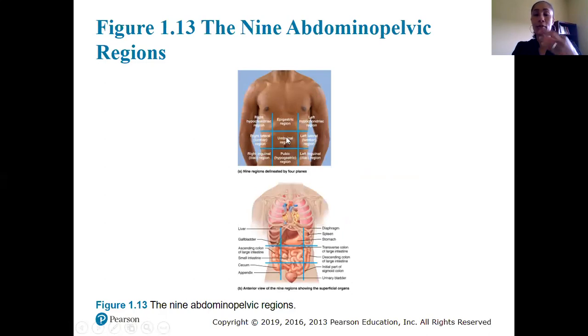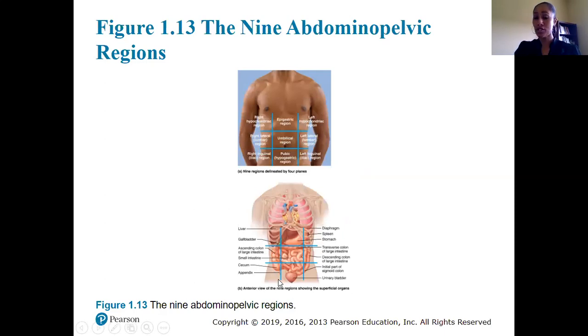The middle portion is referenced by the umbilical region. And then the lower middle portion of the abdominopelvic cavity is going to be known as the pubic or hypogastric region.